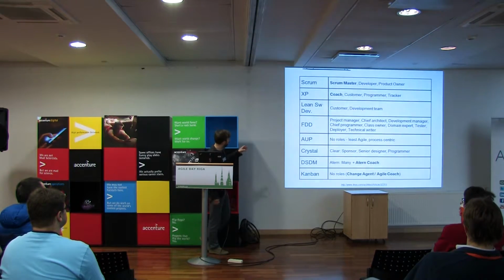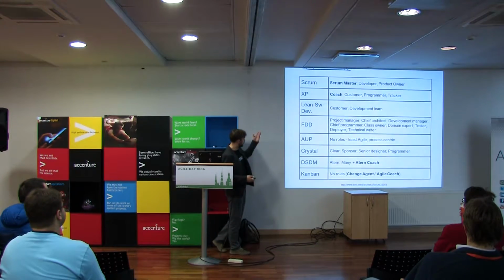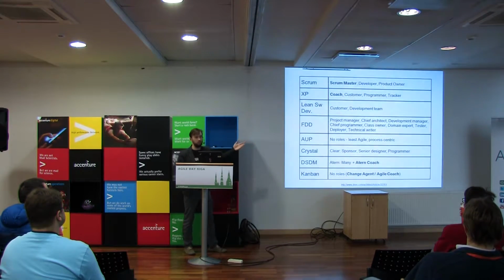We have Scrum with a Scrum Master, XP, Extreme Programming, with a coach, DSDM with some kind of coach as well, and Kanban, kind of a change agent, agile coach, and others have either a project manager or nobody, just developers.